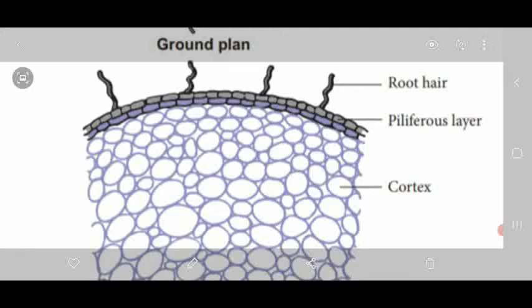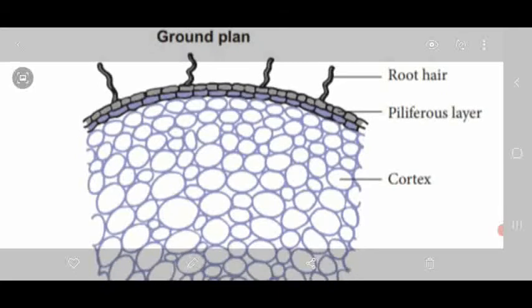So this outermost layer is called epidermis, made up of closely packed parenchymatous cells. Stomata and cuticles are absent. Unicellular root hairs are present. So this layer is named as epiblemma or piliferous layer.